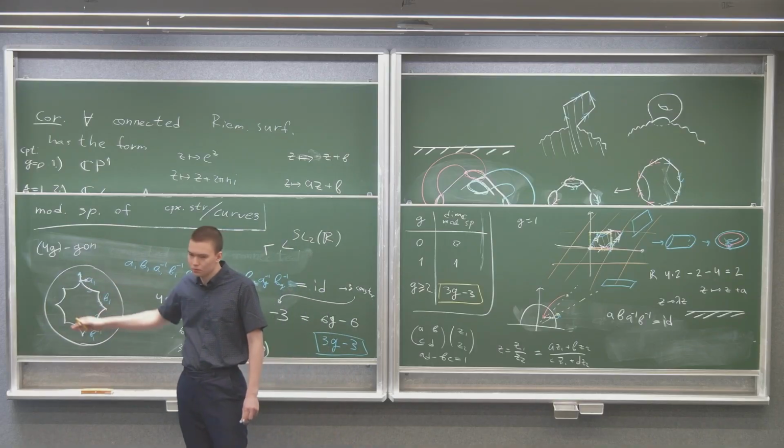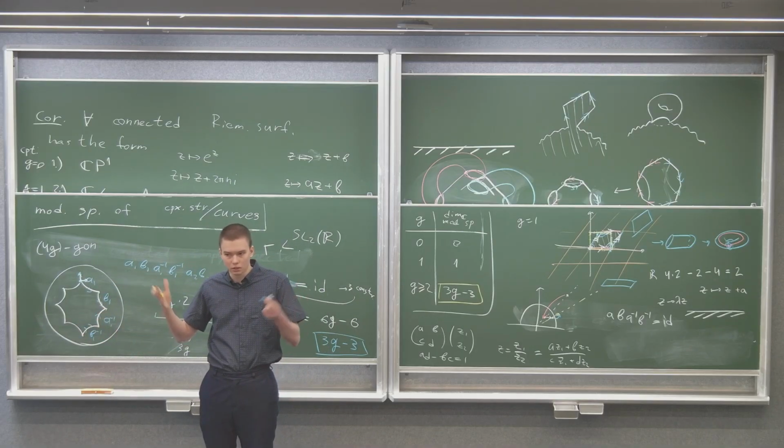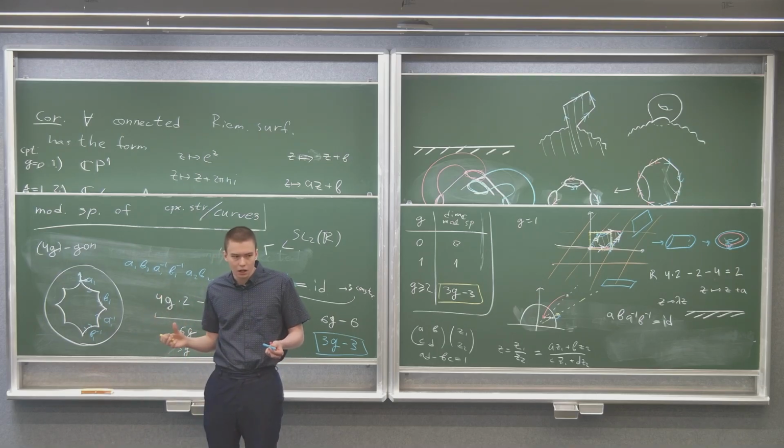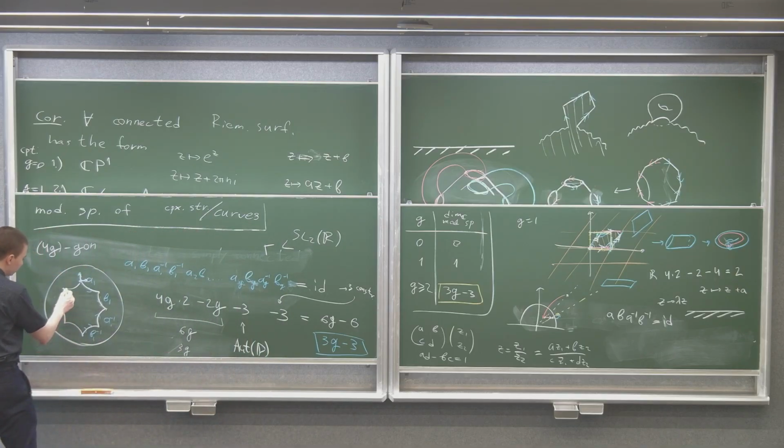Okay. And then I saw that by considering these 4g-gons on a hyperbolic plane, half plane, we can force these angles to sum to 2 pi, which is impossible for a 4g-gon on a plane. Yeah.